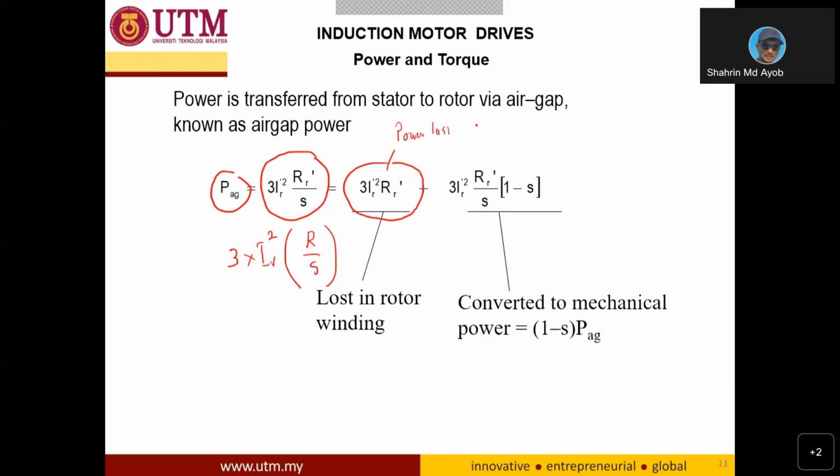Power loss due to internal resistance. Internal rotor resistance. Sebab rotor tu winding dia ada resistance internal. Kan, setiap benda there is an internal resistance. So you can use this equation.